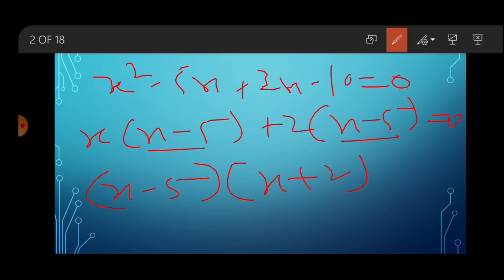Now if we take x minus 5 as common, what remains is x from here and 2 from here. So it will be equal to 0. Now equating x minus 5 equal to 0 and x plus 2 equal to 0, you will get x is equal to 5 and x is equal to minus 2. So this is how you can solve the question by the zero product method.